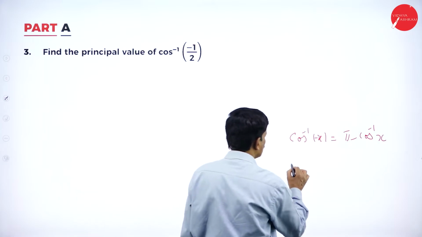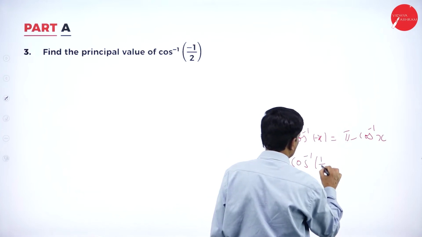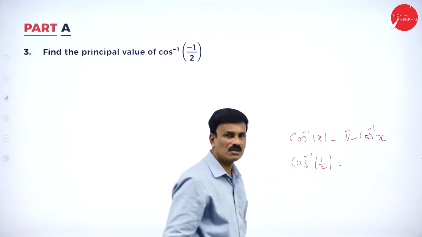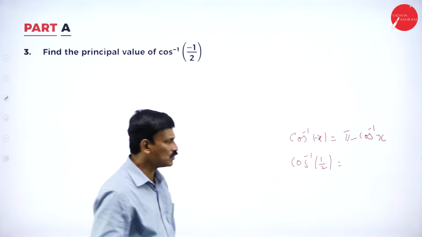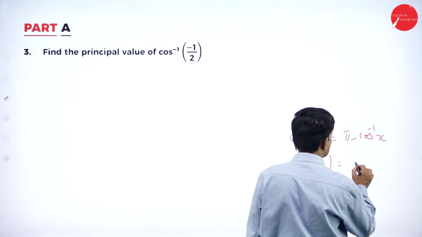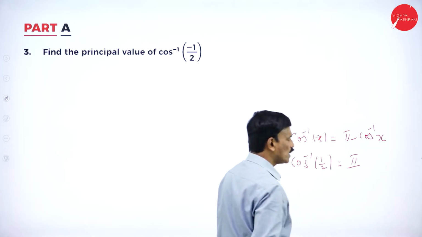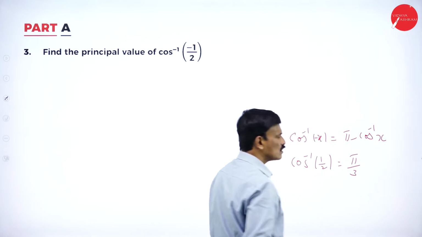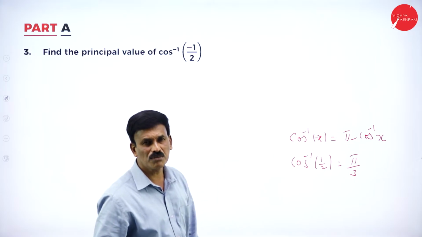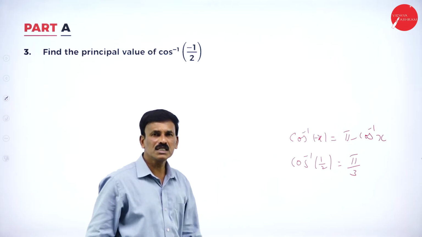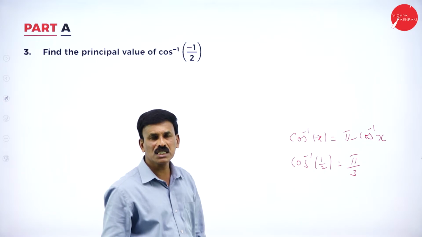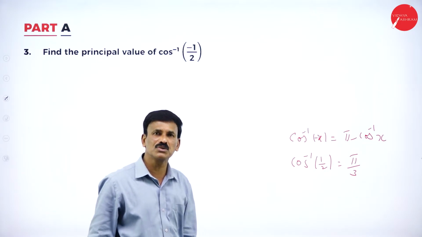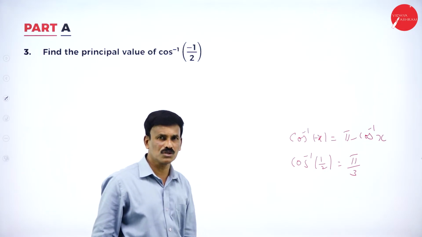You know the value of cos inverse 1 by 2. It is pi by 3, because cos pi by 3 is equal to 1 by 2, right? That is cos of 60 degrees. Sin 60 is root 3 by 2, cos 60 is equal to 1 by 2.